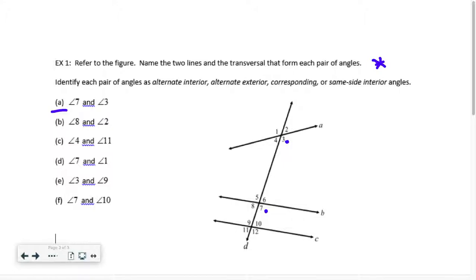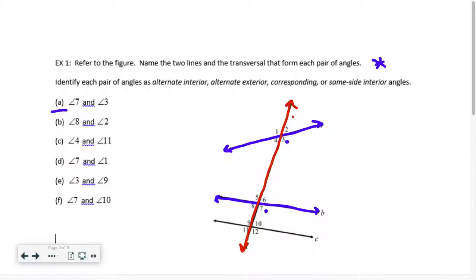And now we need to identify them as alternate interior, alternate exterior, corresponding, or same side interior angles. So again, we're looking at where B and A are intersected by the transversal D. And so when we really focus in on this part of the picture, the parts that I've highlighted here, we see that 3 would be an interior angle and 7 would be an exterior angle. So they're not both exterior, they're not both interior.